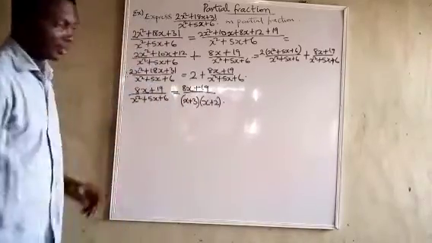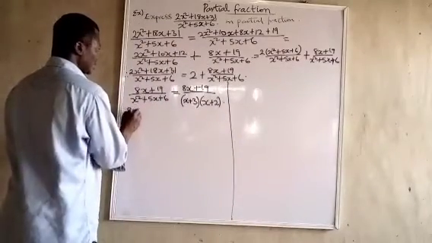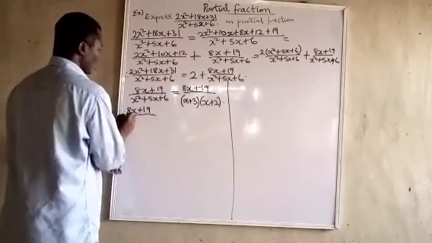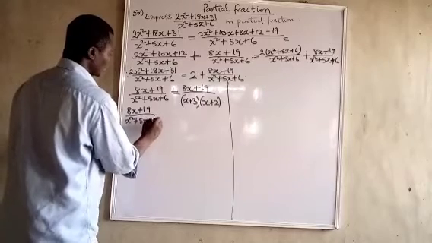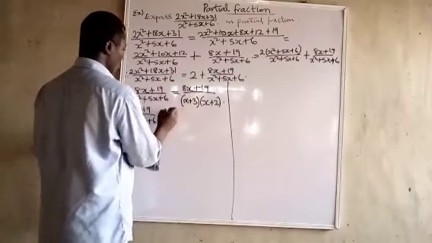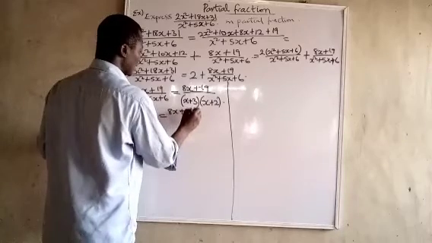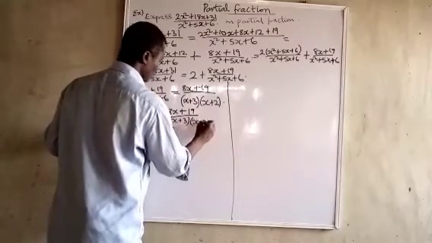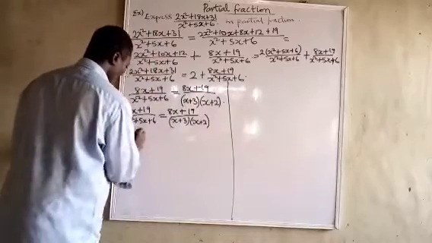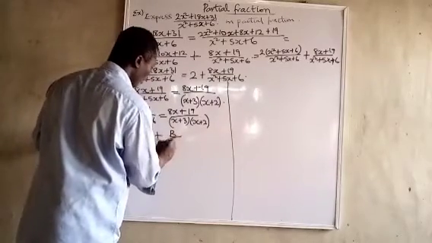You can see. So straight, I can now say 8x plus 19 over x squared plus 5x plus 6 will be equal to 8x plus 19 over x plus 3 into x plus 2, which will be equal to a over x plus 3 plus b over x plus 2.